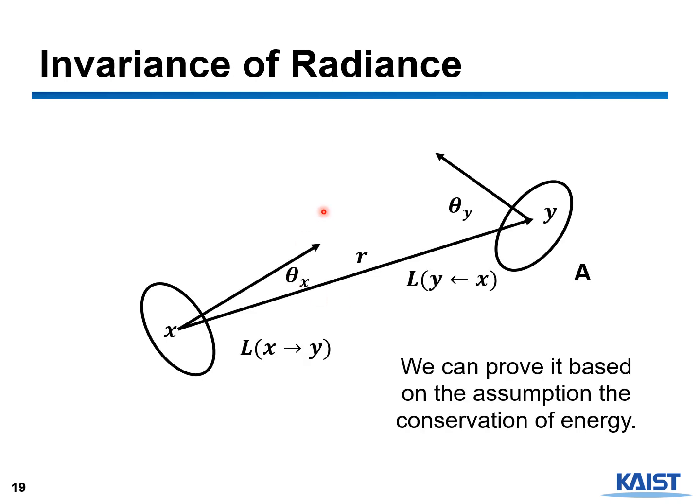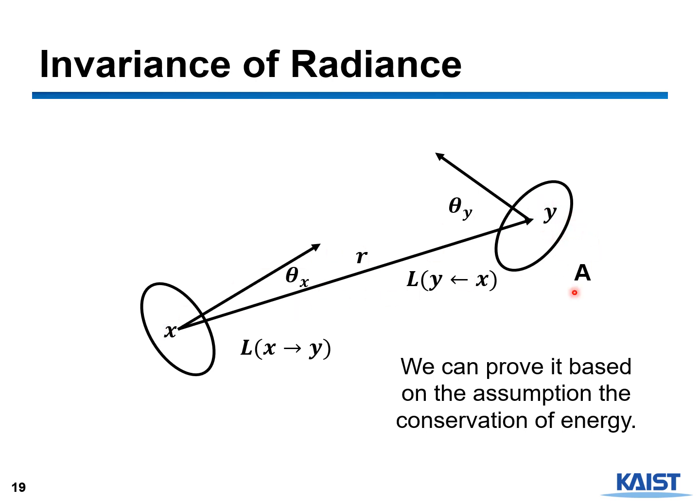Based on the invariance of radiance, we can also prove that, suppose we are emitting a certain radiance from x in the direction to the point y. I abused the notation a little bit. The radiance from x to y can be proved to be equal to the radiance received at y from the x direction.